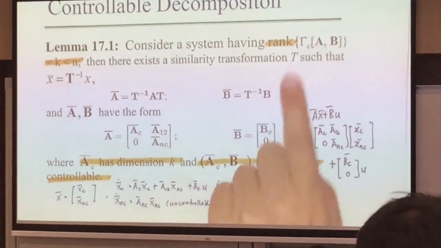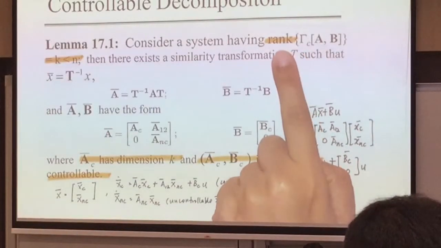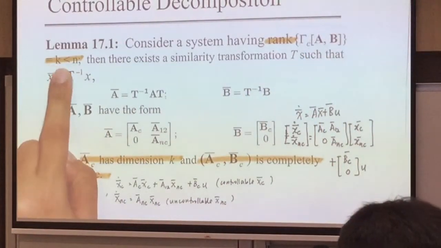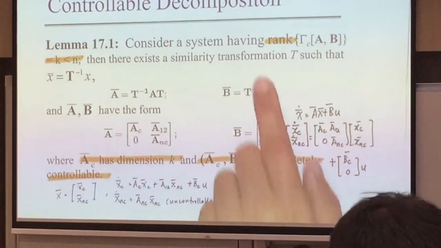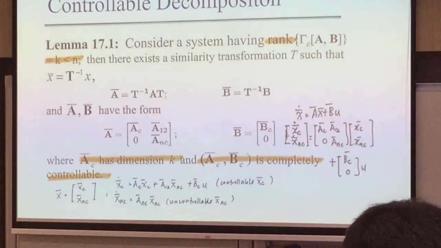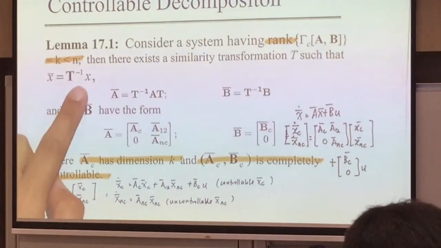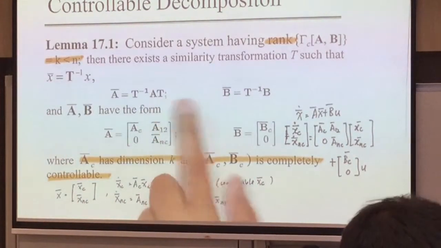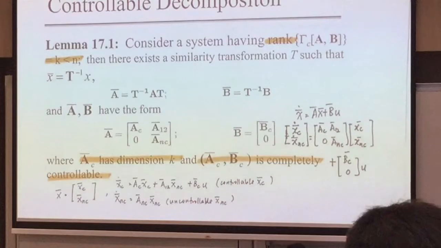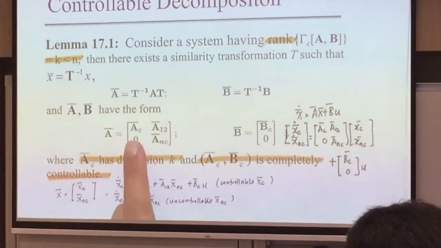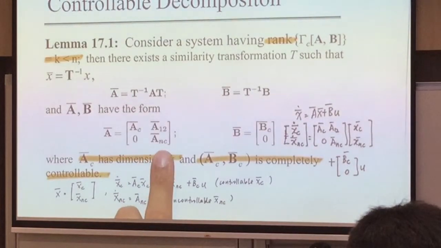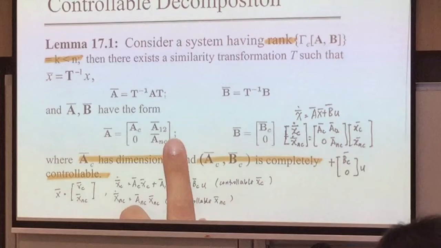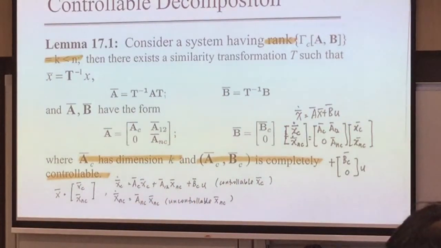If the system has a controllability matrix rank less than the system order N, there exists a similarity transformation T, such that X bar is T inverse X. And this A bar, you can break down into a controllable portion, A bar C, a non-controllable portion, A bar NC, with something in between, A bar 1, 2.